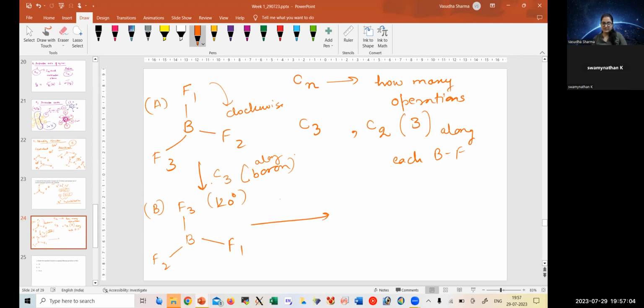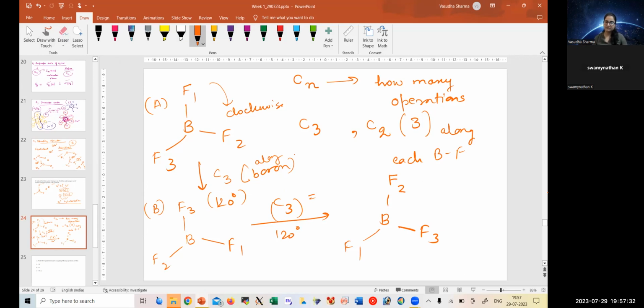Now if I give C3 2, that is another rotation. One C3 is gone, another C3 I'm giving, so I should not actually write it as C3 2. So this is another C3 I'm giving, a 120-degree rotation. Now what would be above? That would be F2, F3 and F1. Is this equivalent or identical?